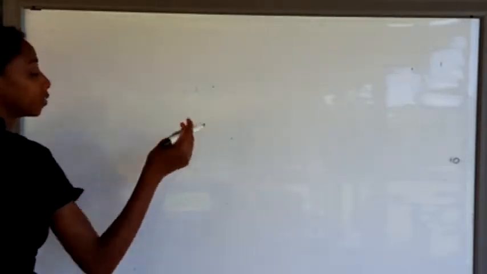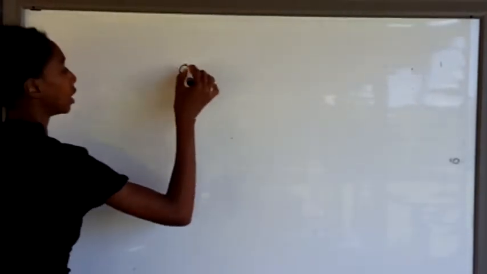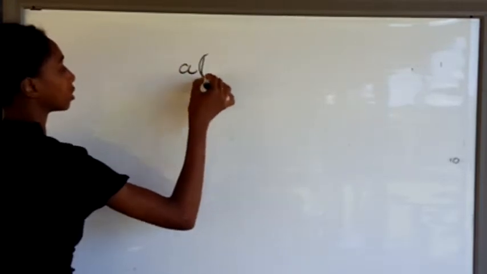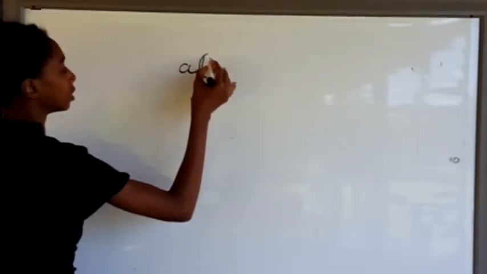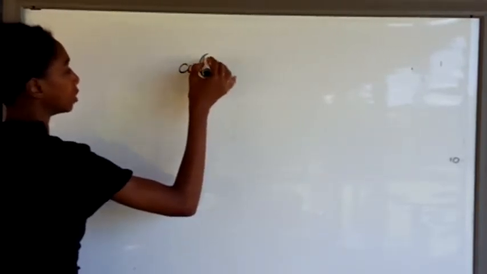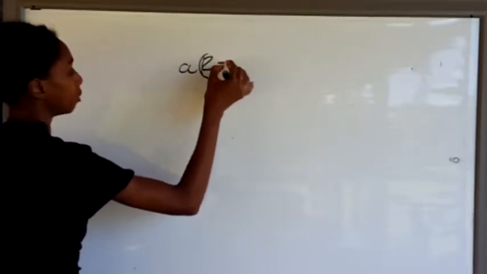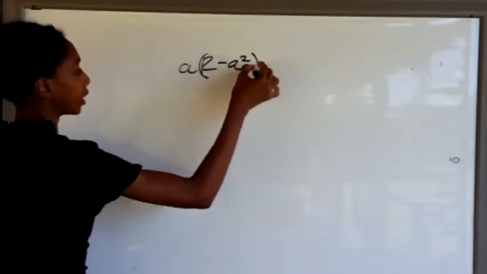So for instance, let's say we have A times two minus A squared plus 3.